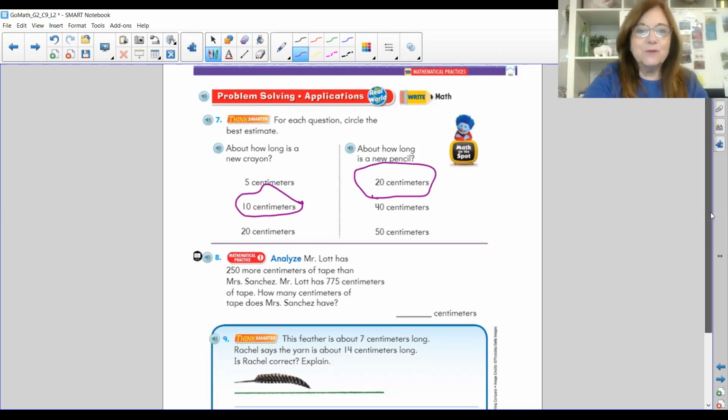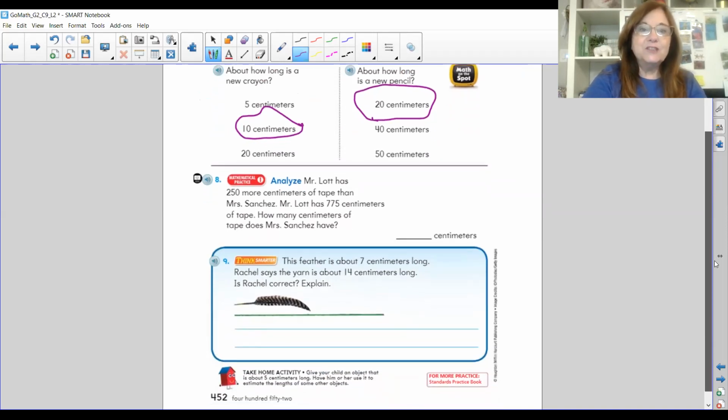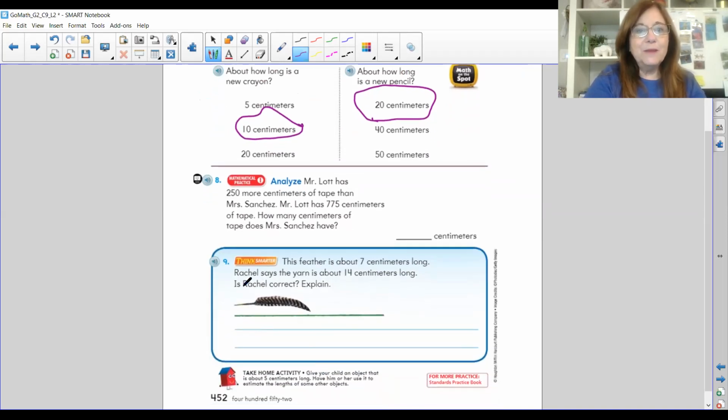And now moving down to our last problem of the day. Mr. Lott, well, we have two problems. Mr. Lott has 250 more centimeters of tape than Mr. Sanchez. So Mr. Lott has a lot. He has more.